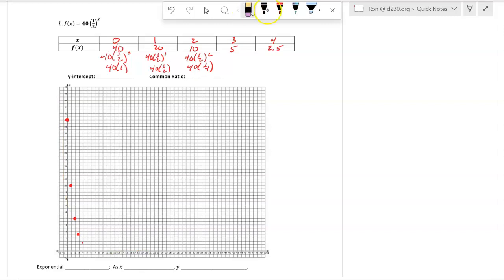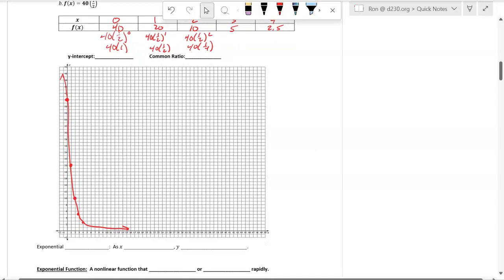Let me redo that. This is what that graph is going to look like. Now, when we start high on the left and go down to the right, that's what we call exponential decay. And as x increases, what's our y value doing? It is decreasing.